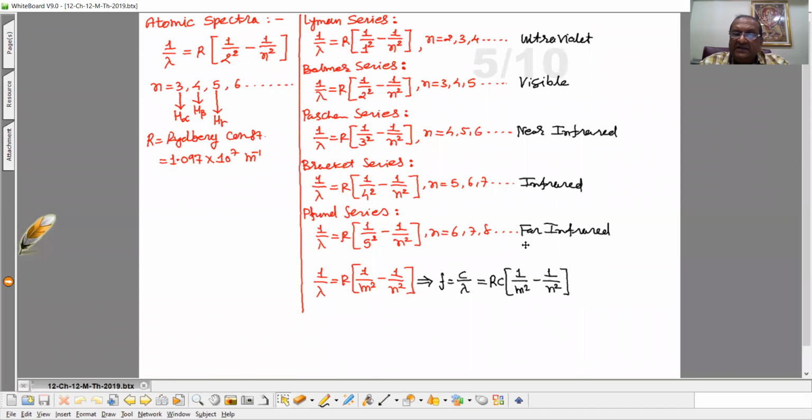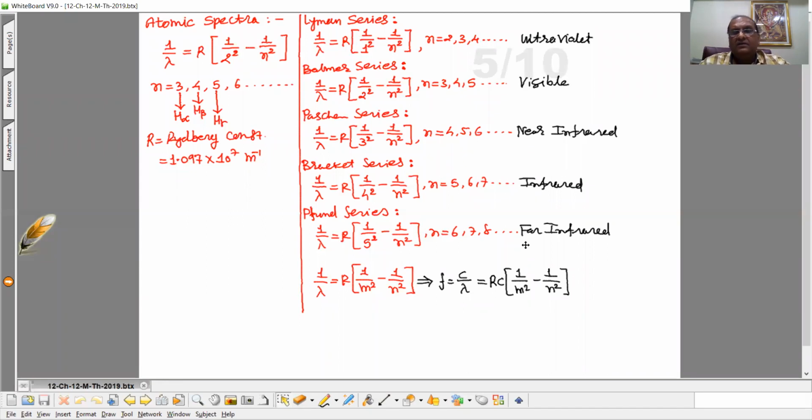So we can say, no doubt, Rutherford's atomic model is partially successful. He suggested almost the entire mass is concentrated at the center in the nucleus, and the entire positive charge is also concentrated in the nucleus. Electrons are revolving around it.